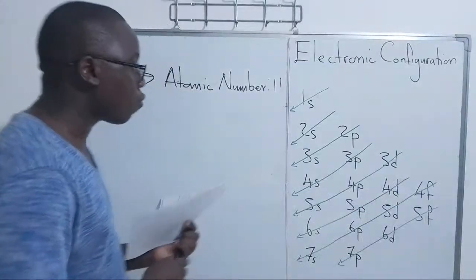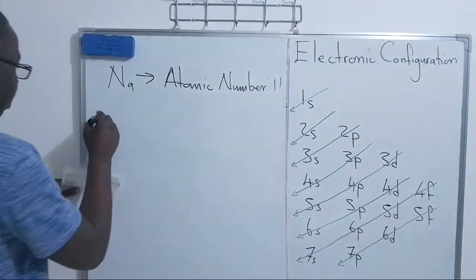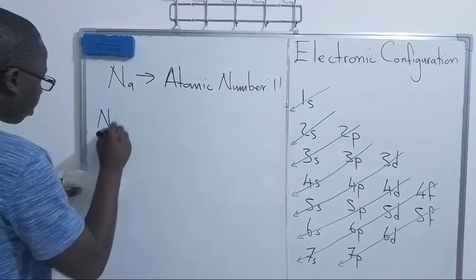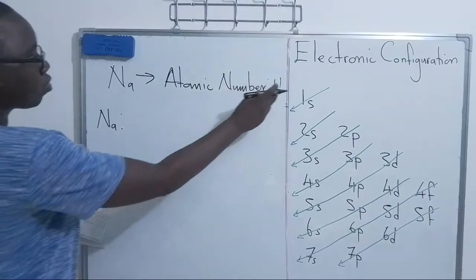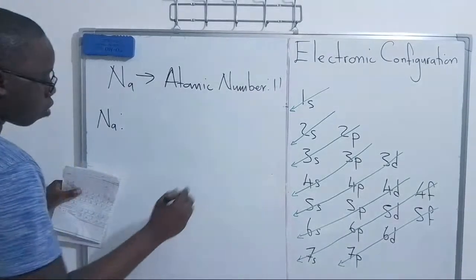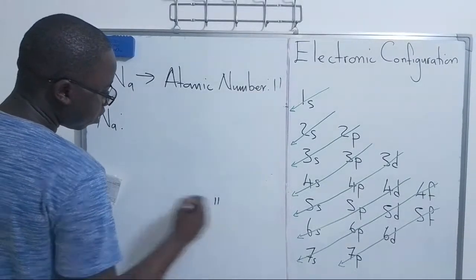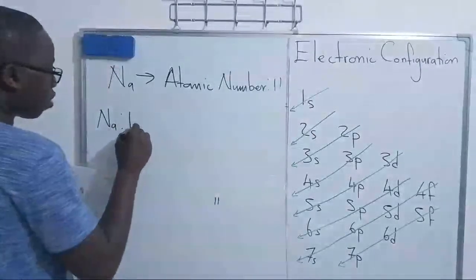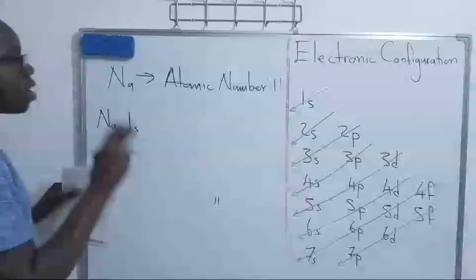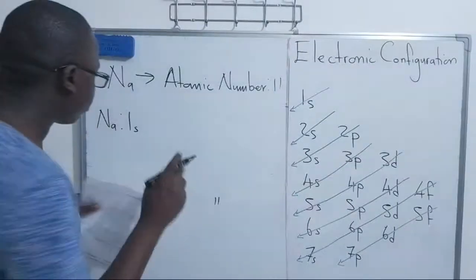So let's start with the first one, that is sodium, and see how we can write the electronic configuration. Sodium has 11 electrons, so I'll put the 11 here. Then the 1s: remember, the s orbital can occupy a maximum of 2 electrons.